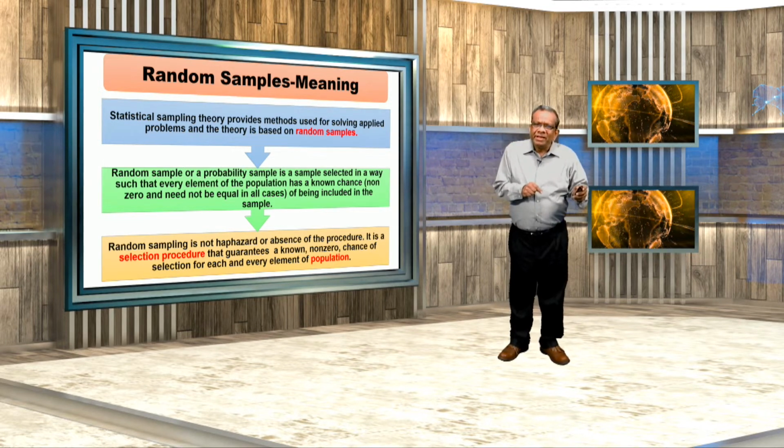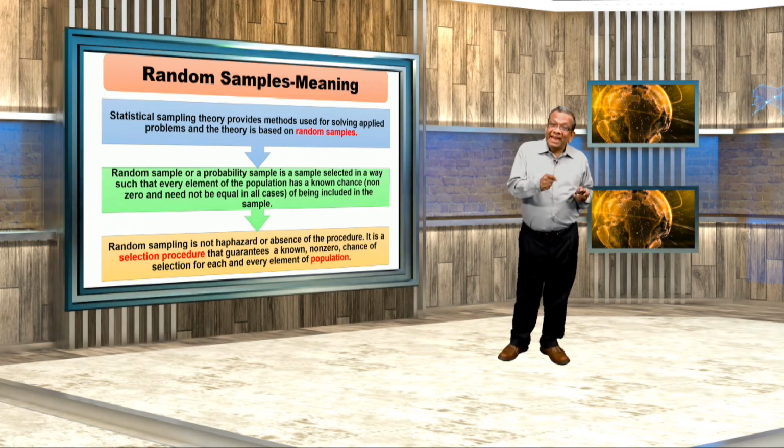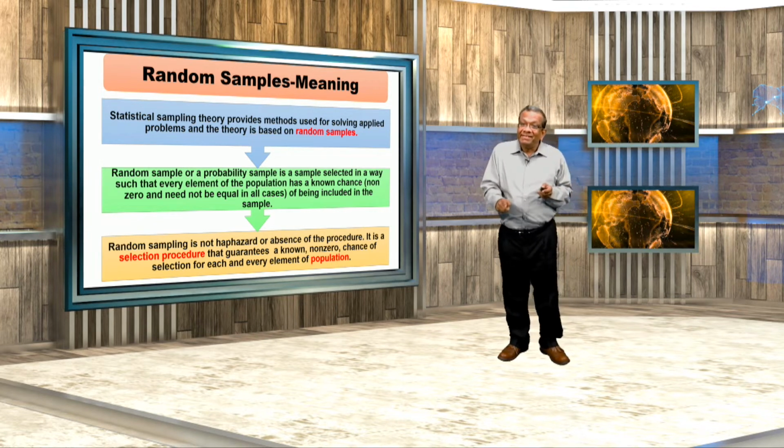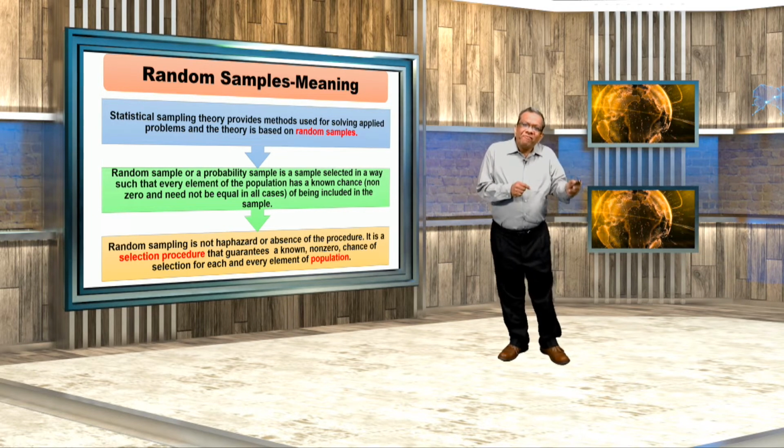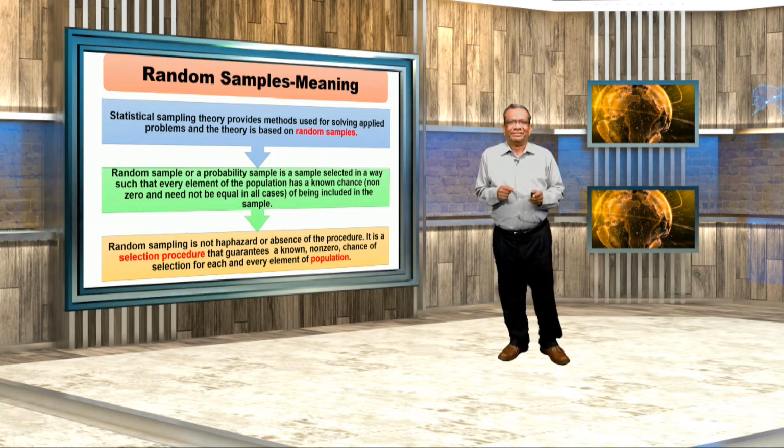Random sampling is not haphazard or absence of procedure. It is a selection procedure that guarantees a known non-zero chance of selection for each and every element of the population.